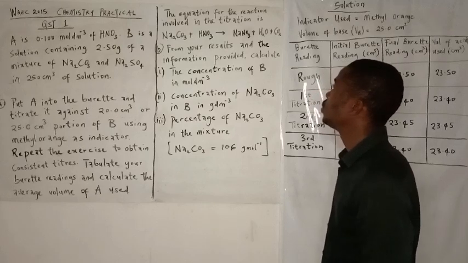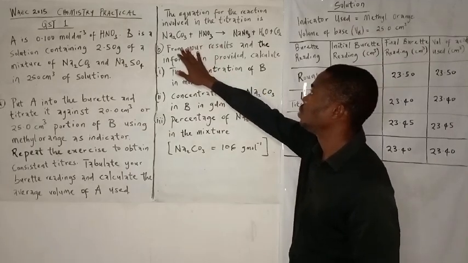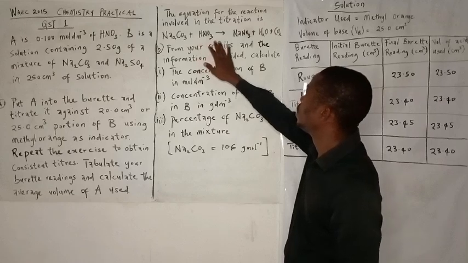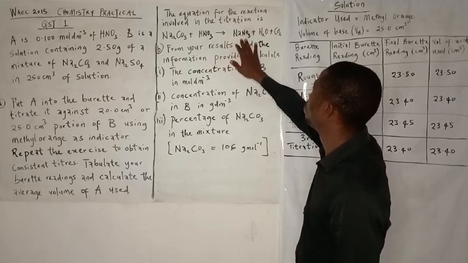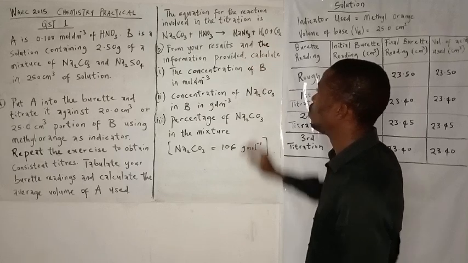The equation for the reaction involved in the titration is this: sodium trioxocarbonate(IV) plus trioxonitrate(V) acid will give us sodium trioxonitrate(V) salt plus water plus carbon dioxide.